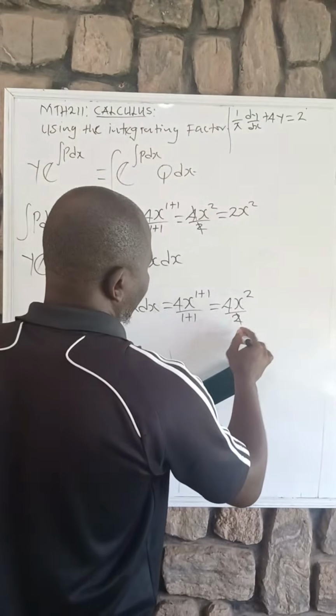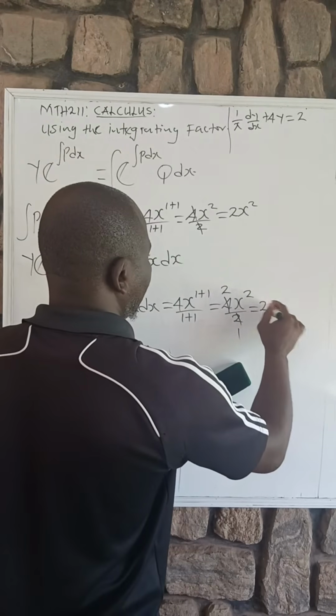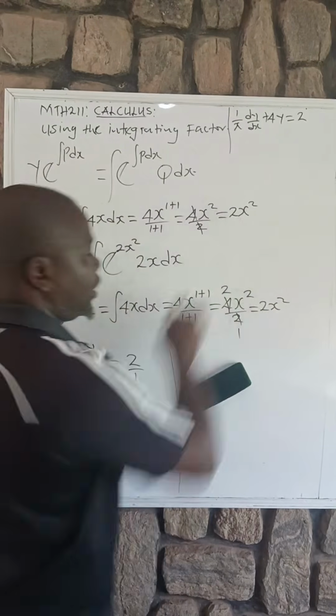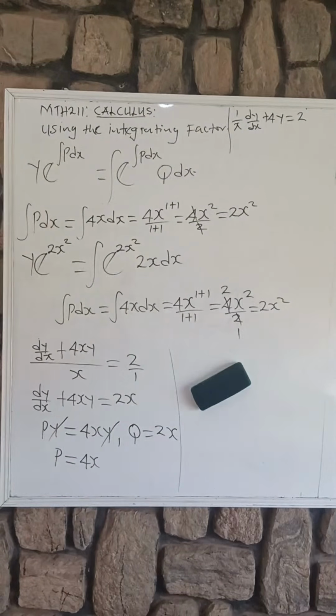So 2 goes into 4 twice. It's going to give us 2x squared. That is why we have this. Are you following? Yes or no?